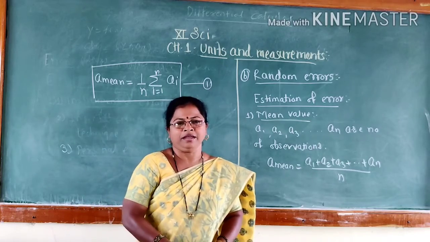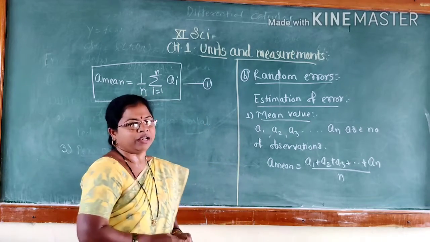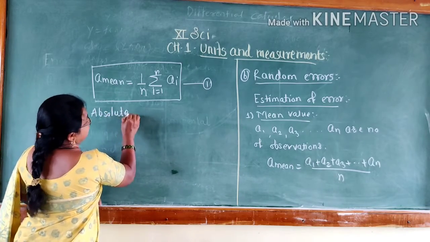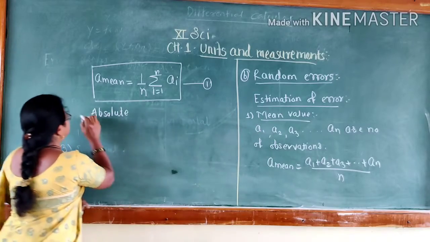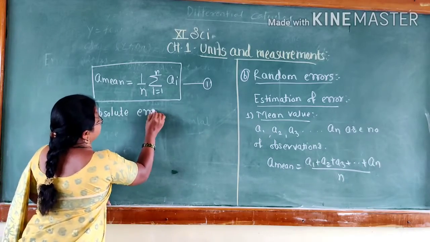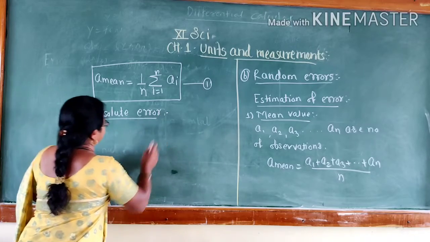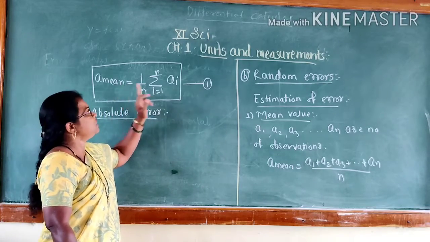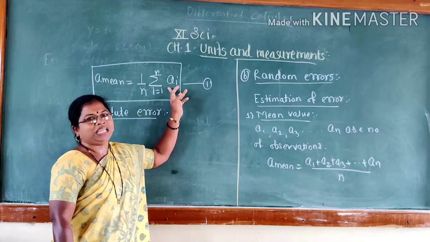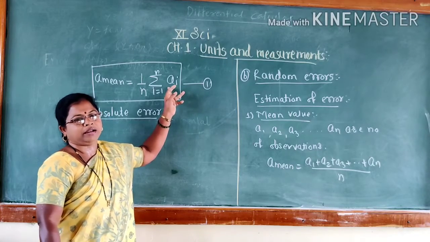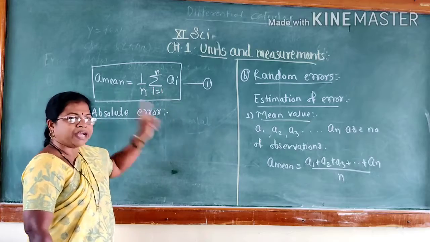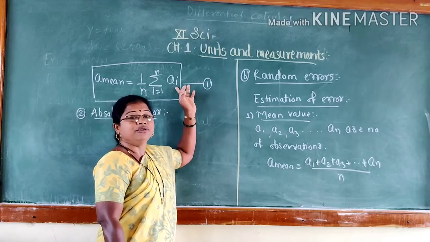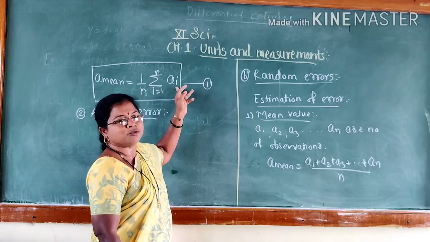That is A mean. Afterwards, absolute error. How can we find it? First one mean value, second one absolute error. The difference between the mean value and each individual value gives us the absolute error.